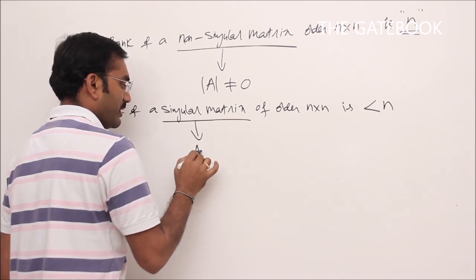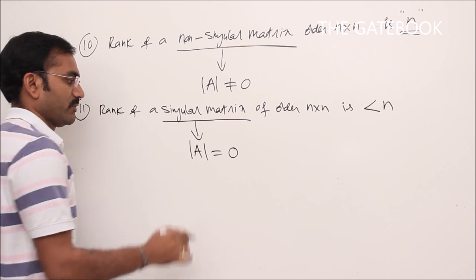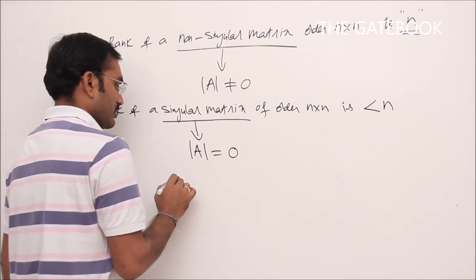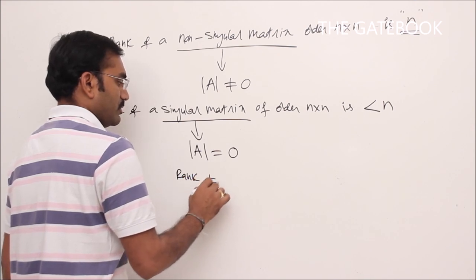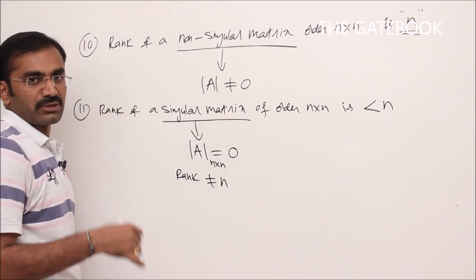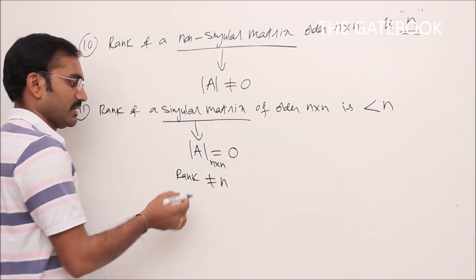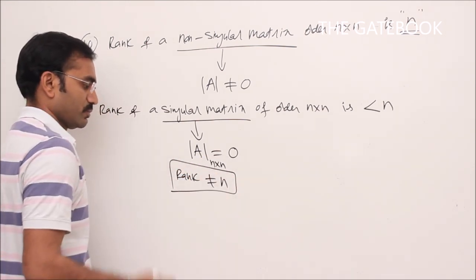Singular matrix means determinant value is 0. Whenever determinant value is 0, then rank is not equal to n, because A is a matrix of order n by n. You have to go for the next lower order. So definitely rank cannot be n, because determinant value is 0.